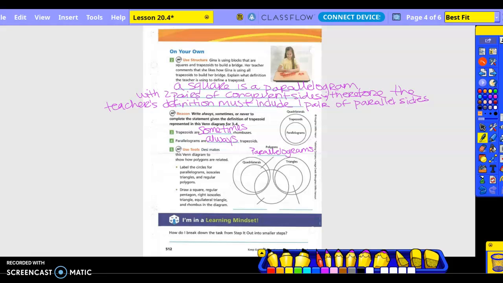Under the triangles, right? Oh, I forgot that. And then we have regular polygons. So did we use everything they wanted us to label?